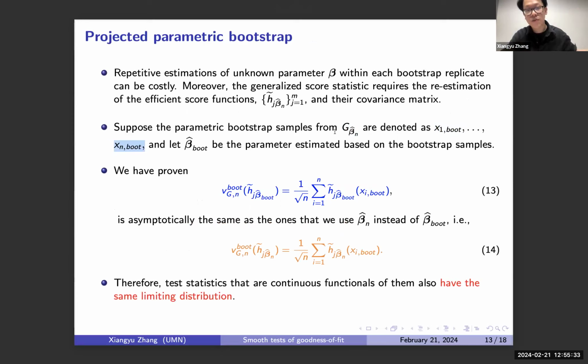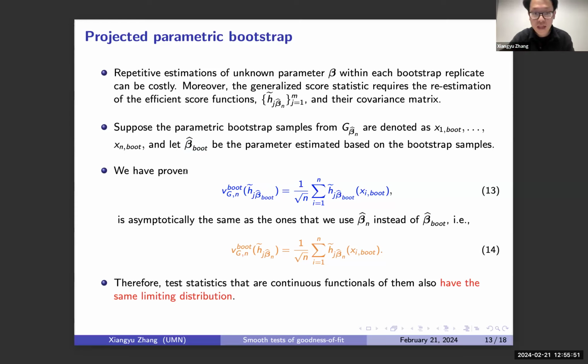Those are the samples from our parametric bootstrap procedure. We let beta hat bolt be the parameter estimated based on the bootstrap samples, as in the regular bootstrap procedure.